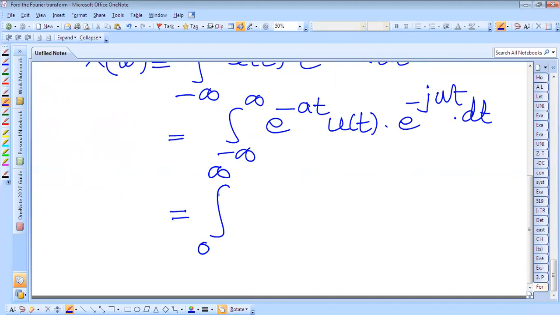So therefore we have to change the limit, and this is e raised to power minus a plus j omega t into dt. T we have to take outside.